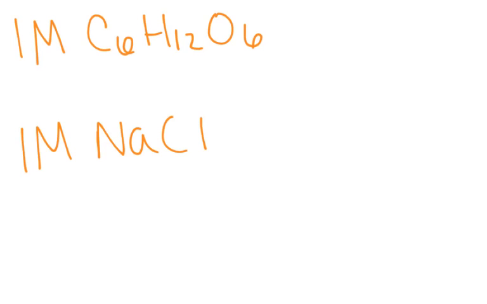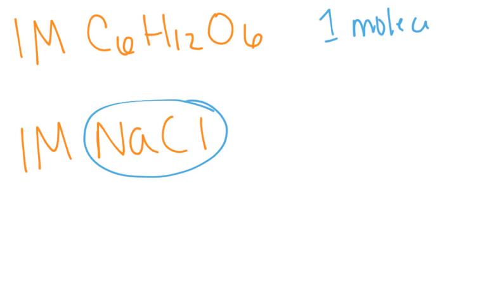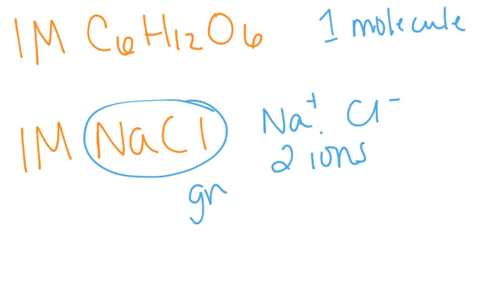All right, so the answer is sodium chloride, and the reason why is because it has more ions. Glucose, when it dissolves, sugar will dissolve, it only dissolves as one molecule. It doesn't break up into anything because it's not ionic. NaCl will break up into an Na+ ion and a Cl- ion. That's 2 ions. So this has a greater effect.